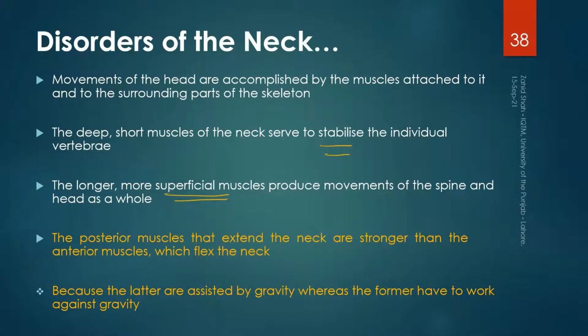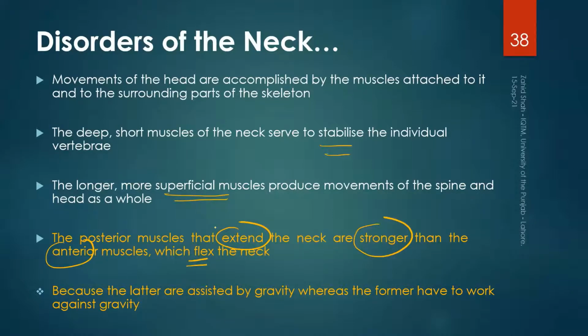Now the posterior muscles of the neck extend it, as we saw in the case of the forearm and the hand, where the posterior side contains the extensor muscles and the anterior side contains the flexor muscles. That is true of the neck as well. The posterior muscles extend the neck and they are stronger than the anterior muscles which flex the neck.